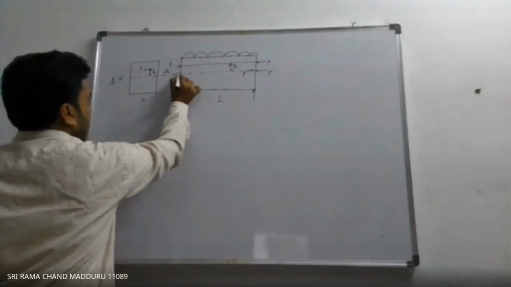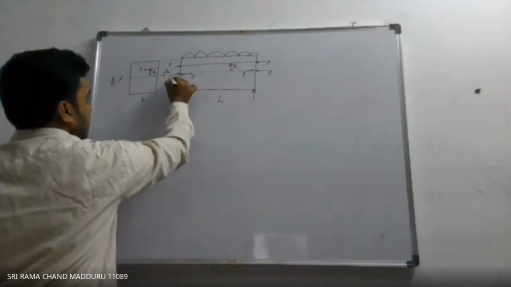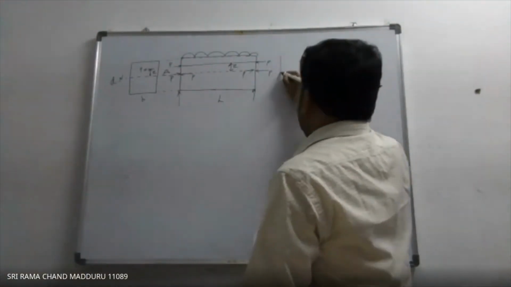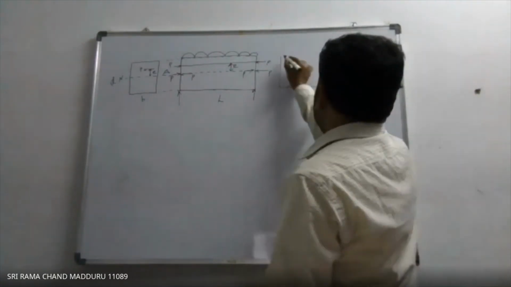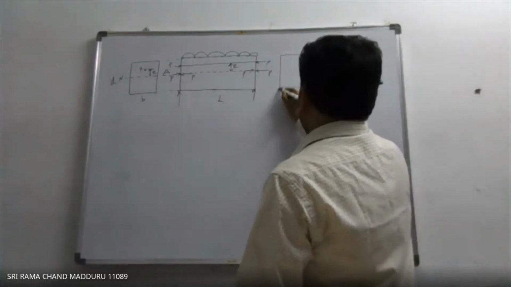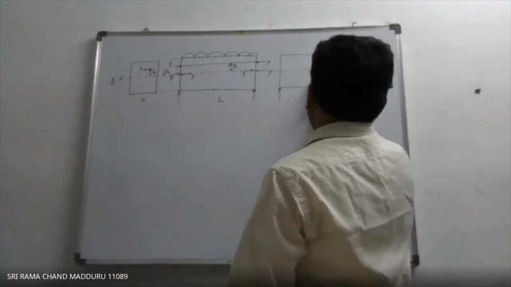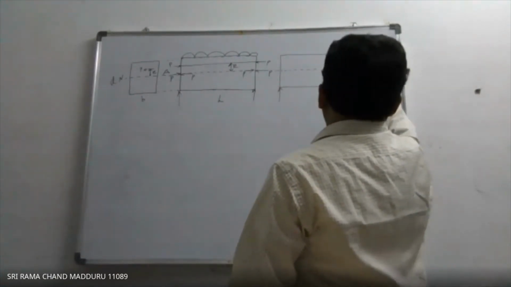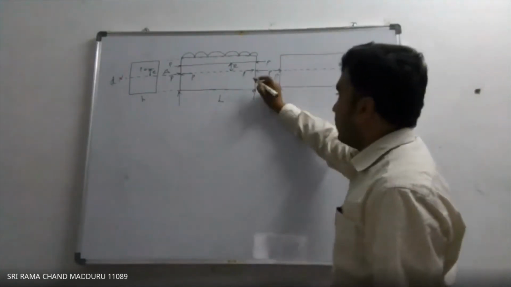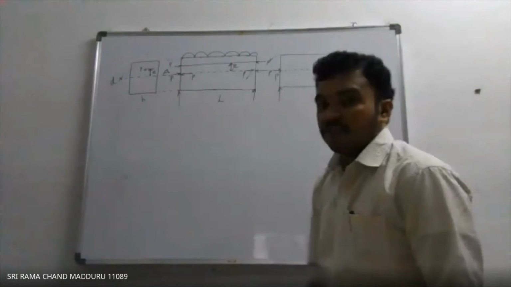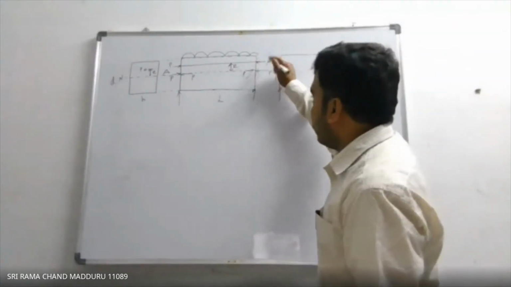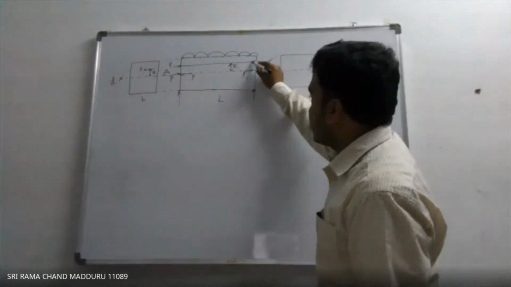Here also apply equal and opposite forces at the neutral axis. Now the equivalent beam for this one is, this is pre-stressing force capital P, this is pre-stressing force capital P. These two moments, they are forming a couple, and the moment is in the same direction of the forces. The direction of the forces are like this.